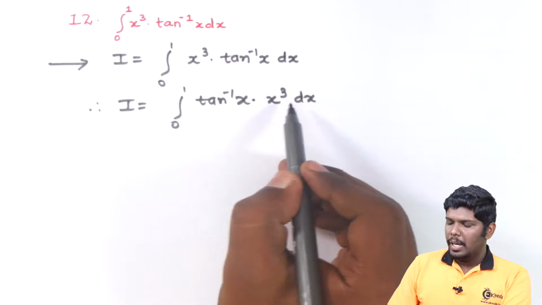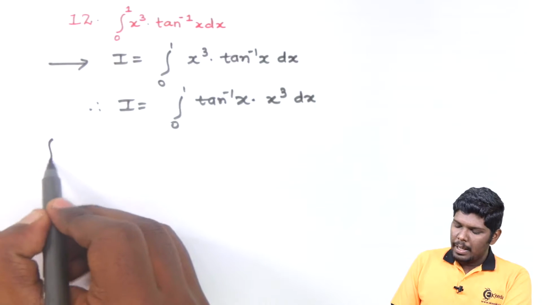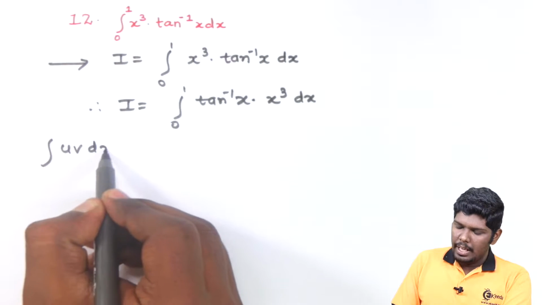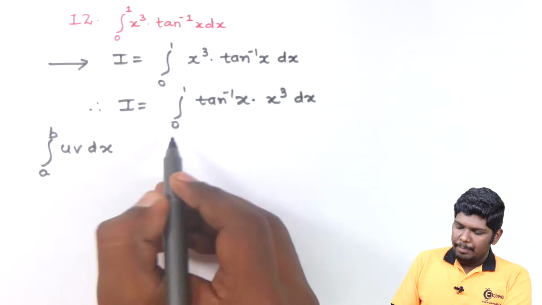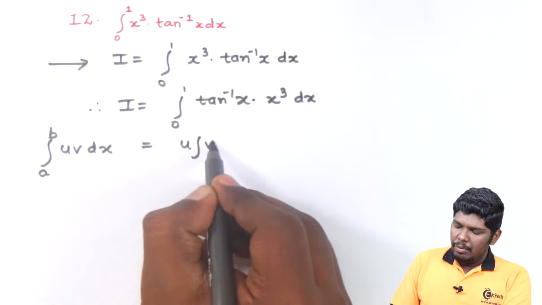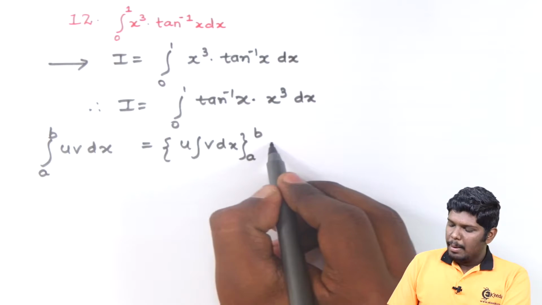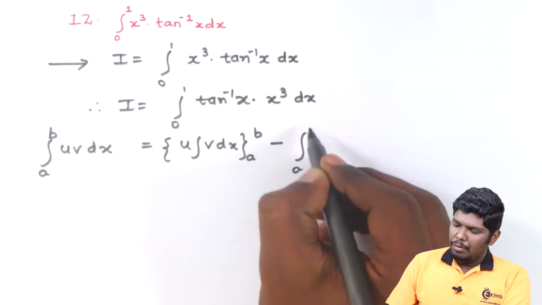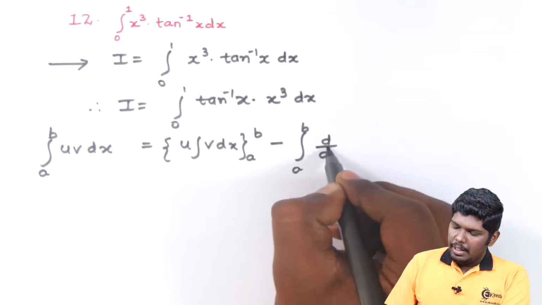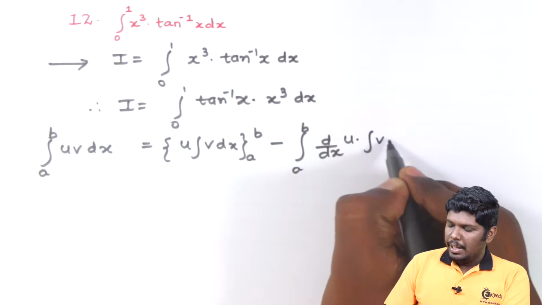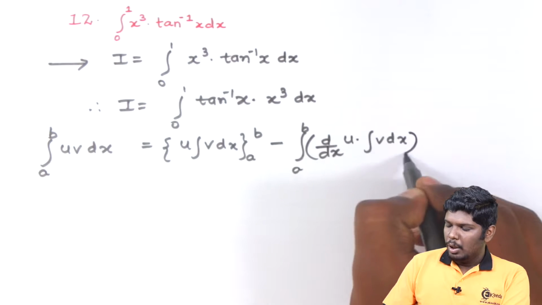Considering the first function as u and the second function as v, we will expand this using integral u v dx from a to b. That gives you u integral v dx from a to b minus integral of a to b d by dx of u integral of v dx, the whole dx.